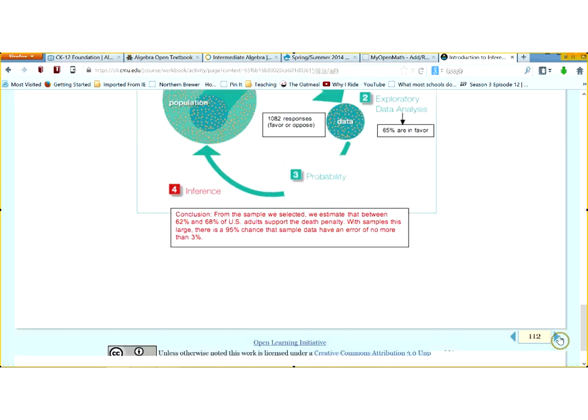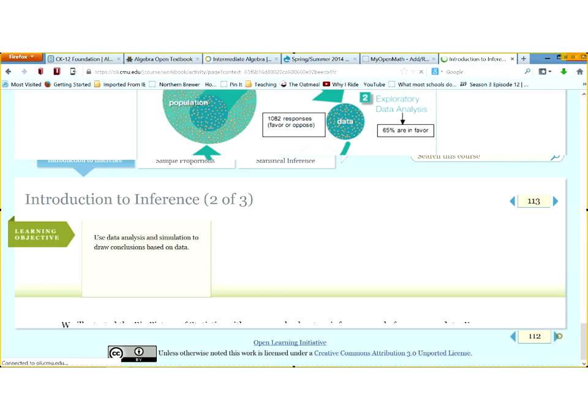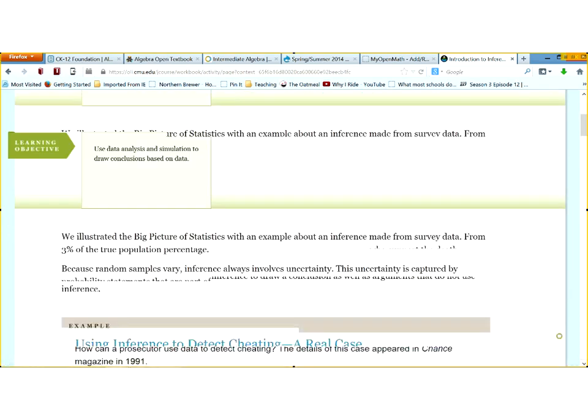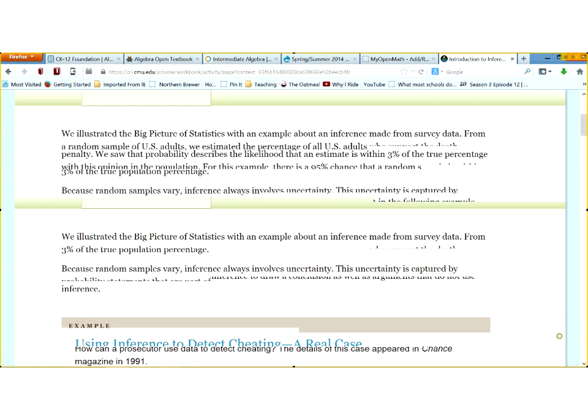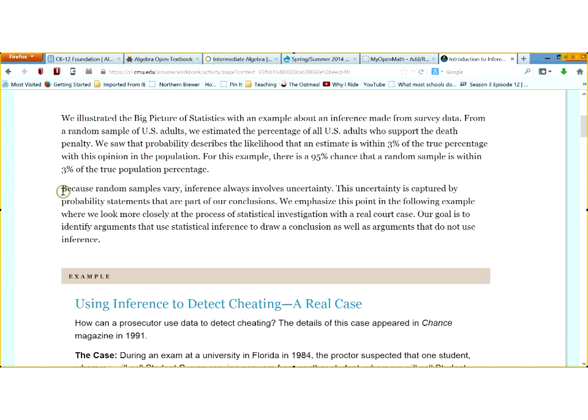Right, so that's kind of the idea of inference. So this is an important line right here. Random samples vary, so inference always deals with uncertainty. And our conclusions almost always involve, as it says in the next sentence, probability statements.